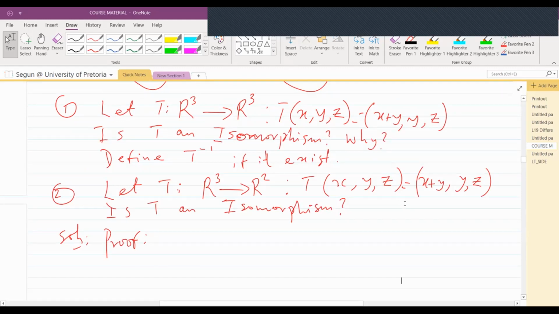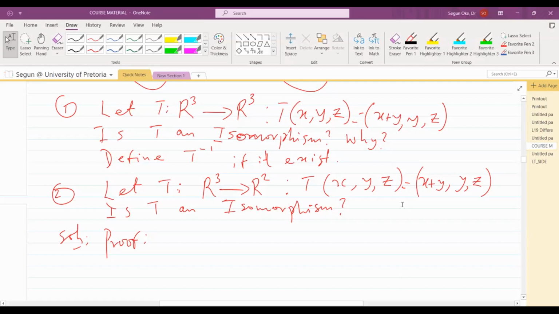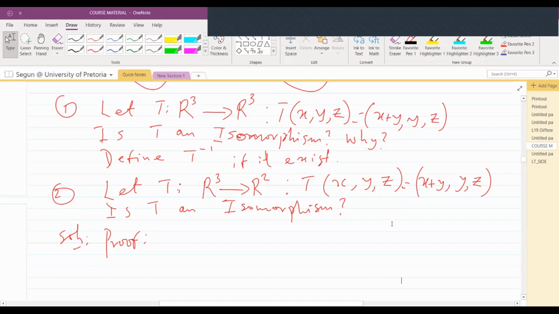Yes, sir, which is a transformation. Then what is the second one? The second one is isomorphic, because if you check the kernel, it is 0, which is also 1 to 1. So I think it is isomorphic. That is 1 to 1 and onto.